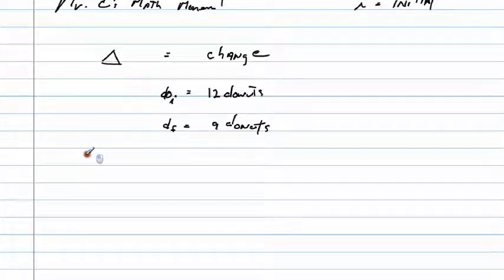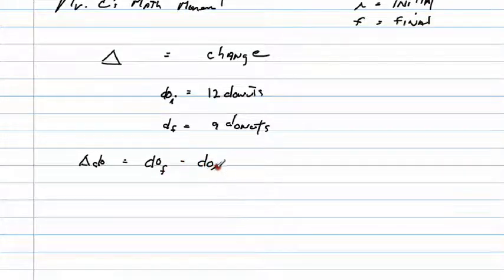Well, the change in donuts is equal to donuts final, and f is going to stand for final, or the end amount, minus donuts initial.